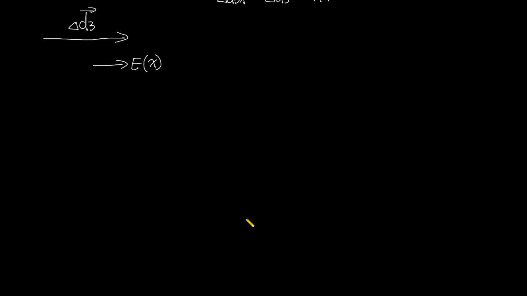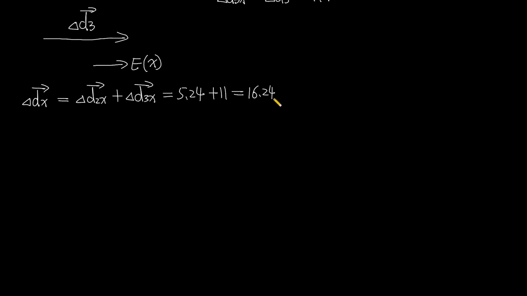Then at last, we can get the vector delta dx just equals delta d2x plus delta d3x and equals 5.24 plus 11, which equals 16.24 kilometers.